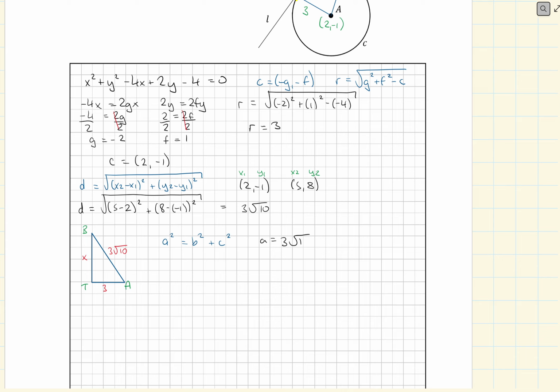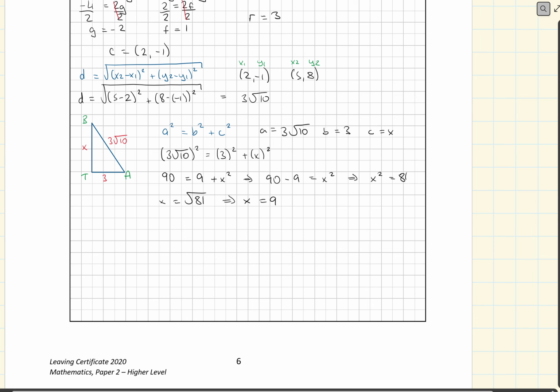A is equal to 3 root 10, B is equal to 3, and C we don't know. So we get 90 is equal to 9 plus x squared. 90 minus 9 is equal to x squared. x squared equals 81. So then x is equal to root 81. We get back x equals 9.